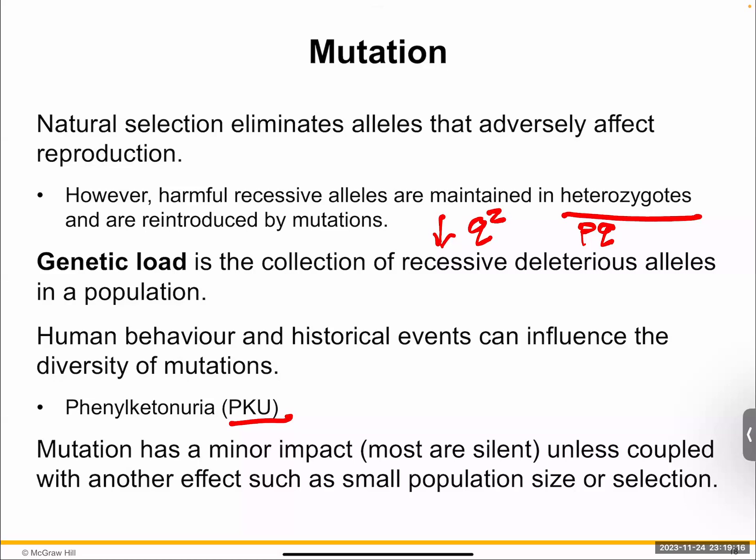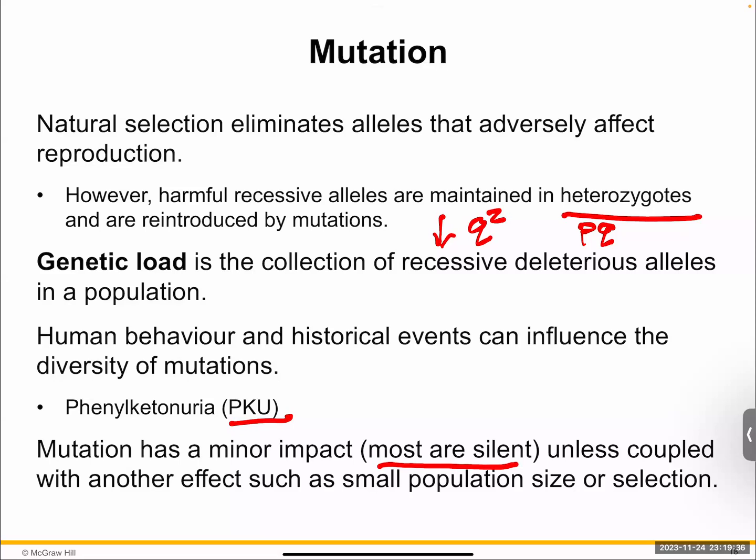The mutation originally was very small in terms of how it impacted the individual and the population. For most of the time, it was a silent mutation, which means it didn't really cause any changes in the protein.